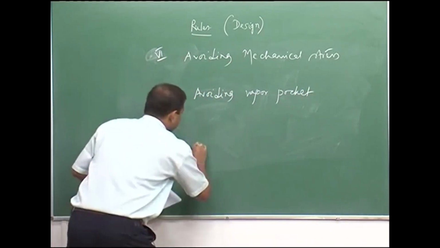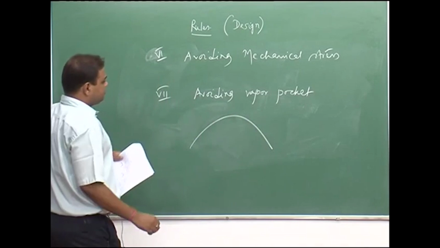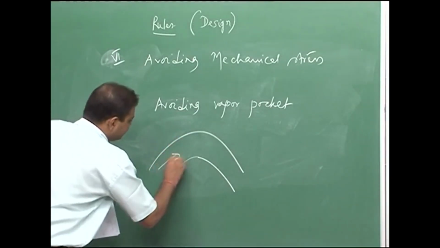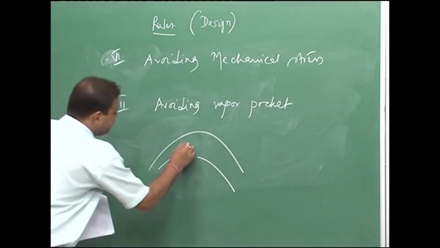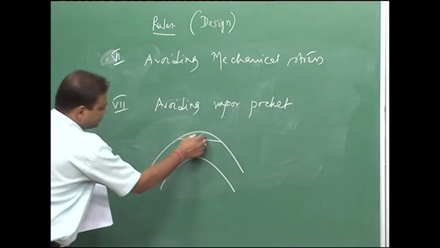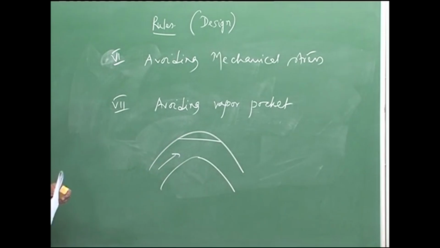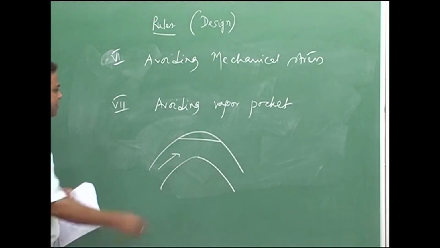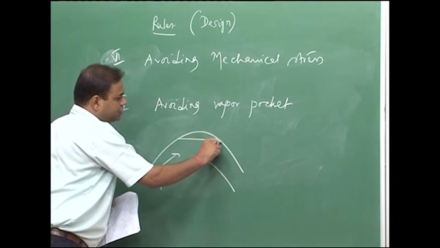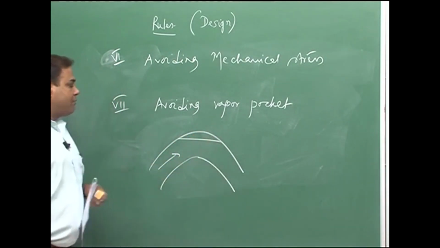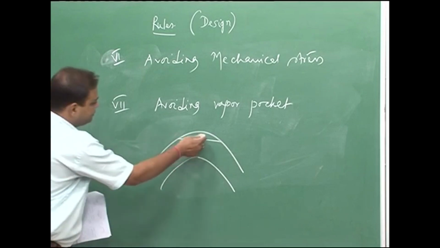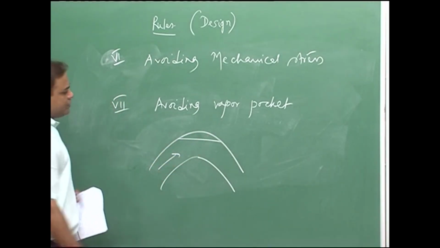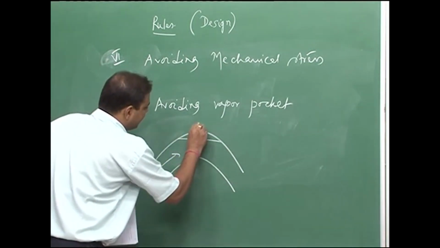For example, if a pipeline design is like this, and the water or solution is flowing, in this section there could be extra gas accumulation. In this part we can have more corrosion, because at the contact between the gaseous system and this system you can have more corrosion. In that case, we can put a vacuum pump here.